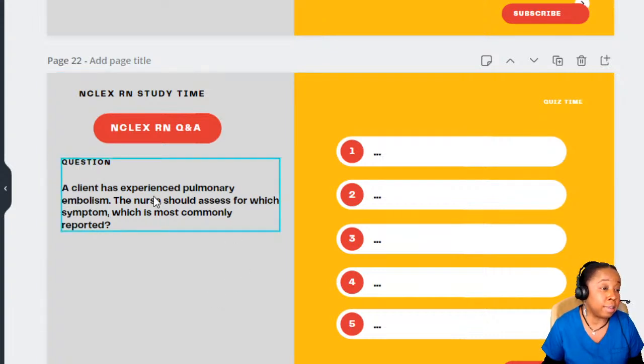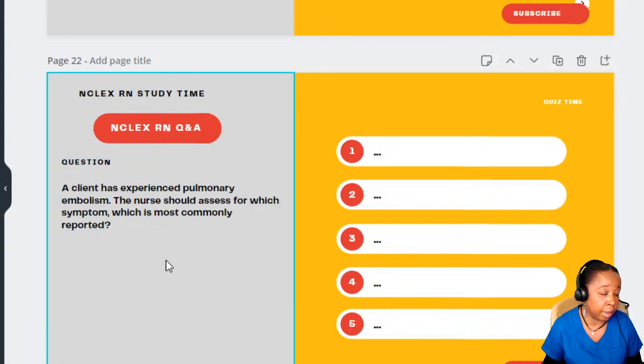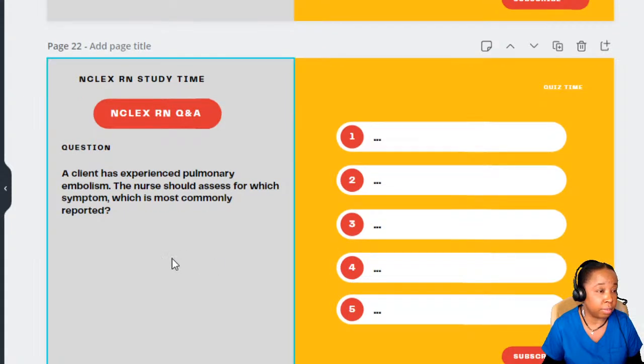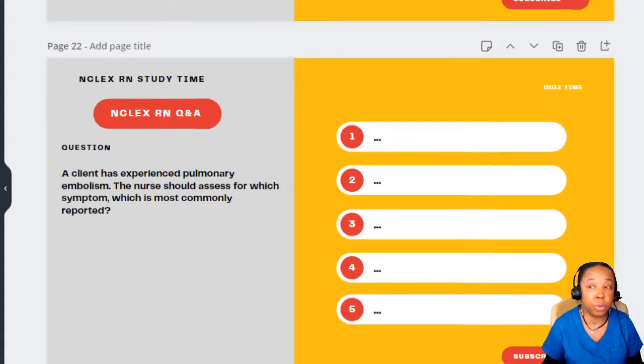So this one is in the lung because they say pulmonary. Pulmonary is the lung, and embolism is the blood clot. So what would you do for a patient who has pulmonary embolism? What symptom will you assess for that patient?